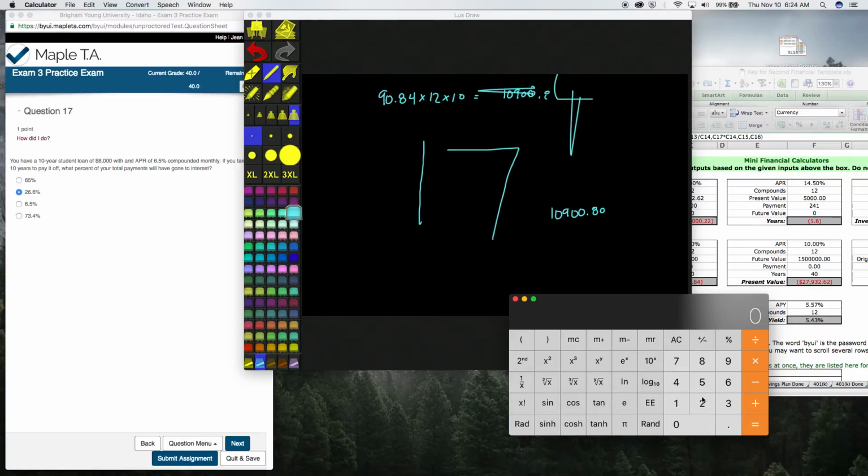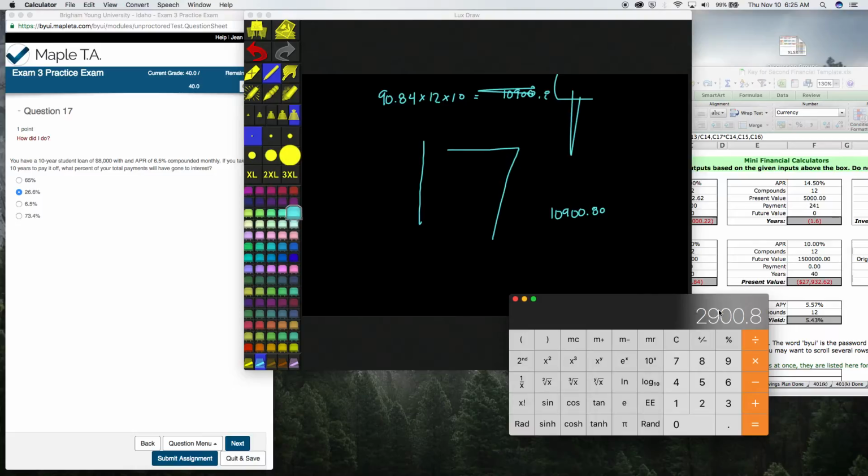Total interest. Oh, it's not divided by 8,000. They want the percent of our total payments that have gone to interest. So here's the total amount that we paid. Sorry, I'm having a bad time on this one. So that's how much total we paid for the loan. I subtract the principal, which was 8,000. That gives me my interest.